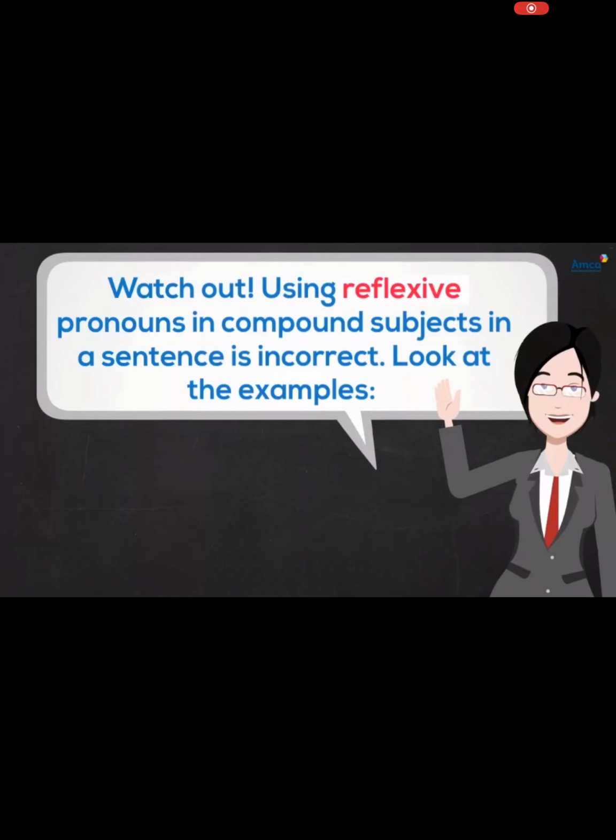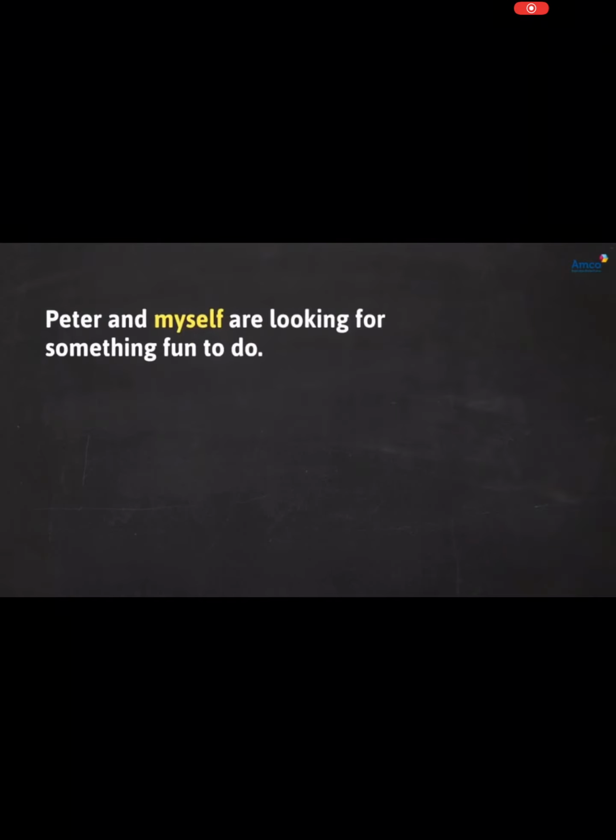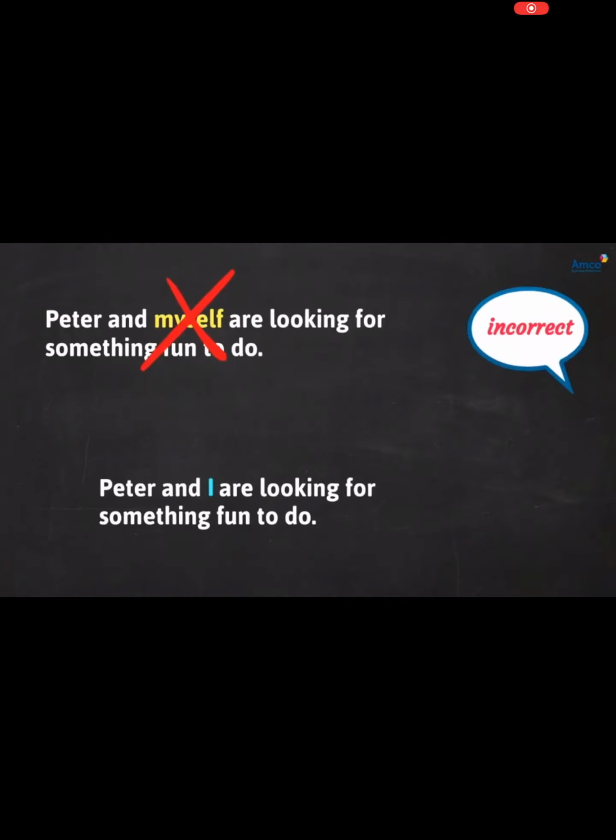Watch out! Using reflexive pronouns in compound subjects in a sentence is incorrect. Look at the examples. Peter and myself are looking for something fun to do. Incorrect. Peter and I are looking for something fun to do.